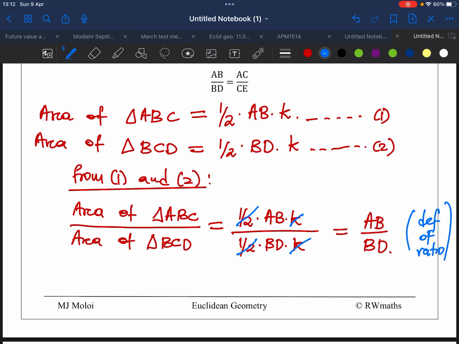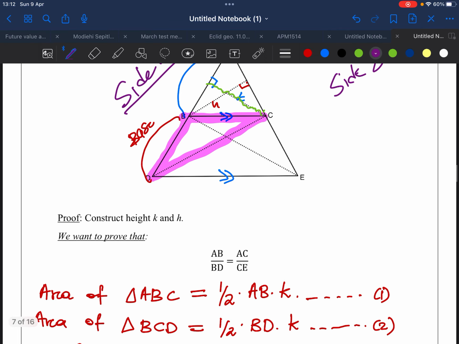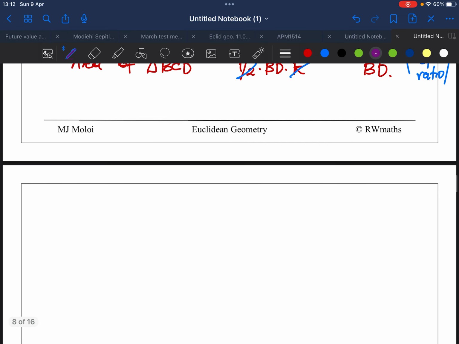Now let us proceed. We have done this for this side, let's call this side 1. Let us go to side 2 now. Again, we're going to find the area of triangle ABC.